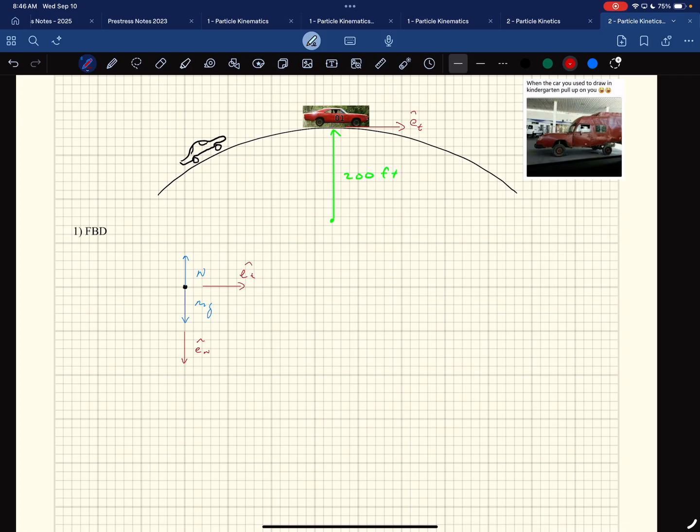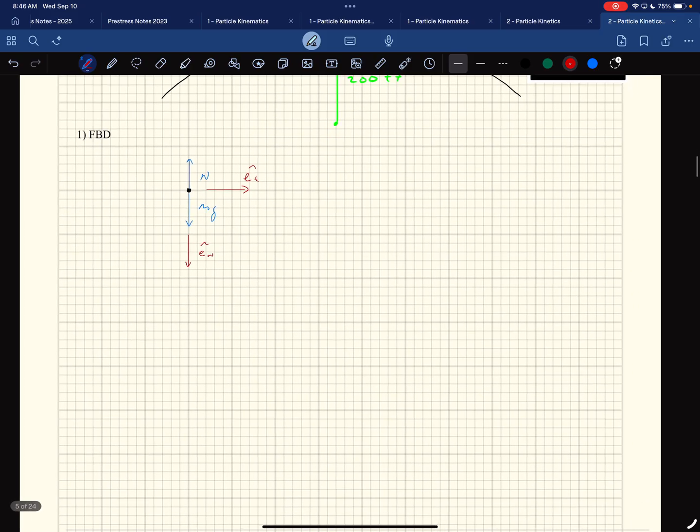At this instant, e_t is pointed that way, and e_n is pointed back to the instantaneous center of curvature, pointed back down like that. And that's all I put in this free body diagram: mass times gravity down, normal up, e_t that way, e_n that way.